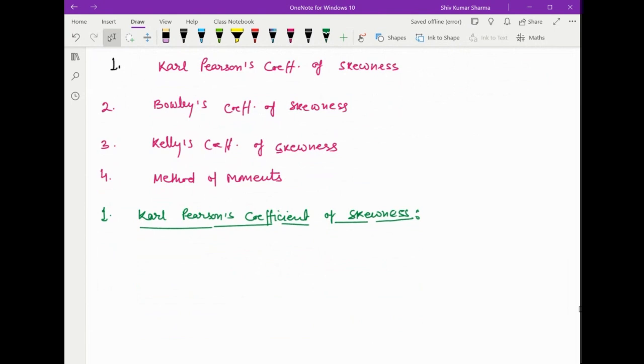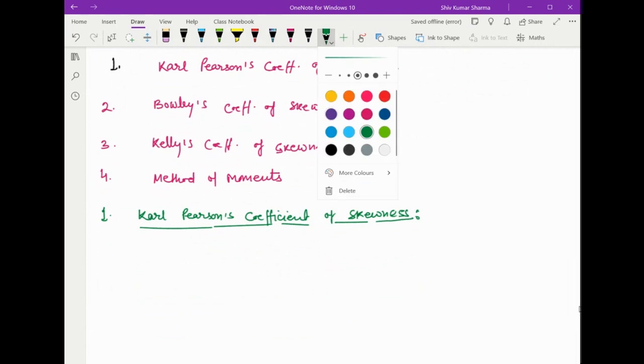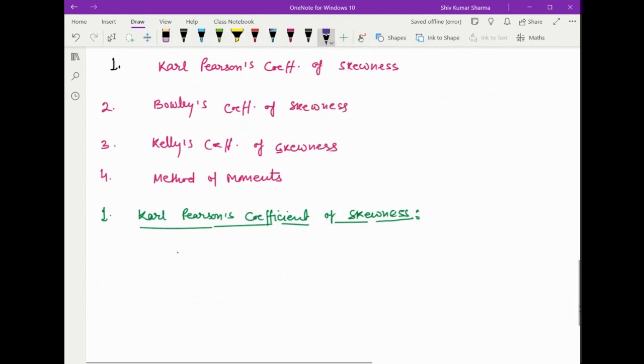We already covered mean, median, mode, and standard deviation. So for calculating this, we require mean, median, mode, and standard deviation.